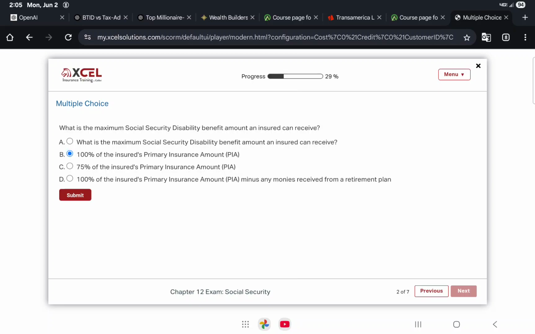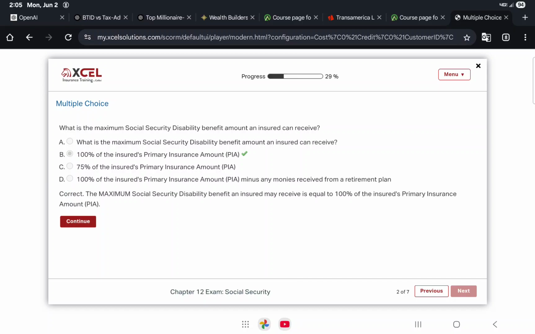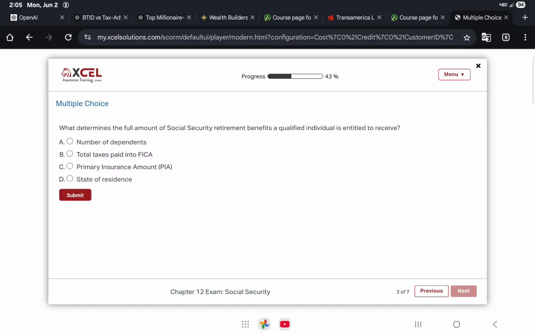I'm going to go with 100% of the PIA. Okay. What determines the full amount of Social Security retirement benefits a qualified individual is entitled to receive? I'm going to go with that one just because it was the same as the last question, different form.